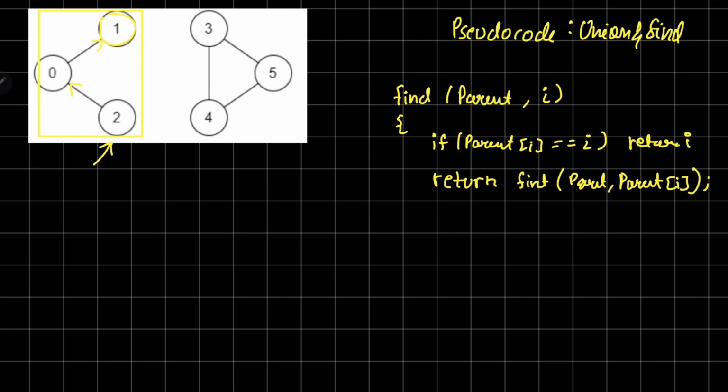Now the thing is that it will be really inefficient every time we call this find function over 2, or as the depth increases, we will call this find function over multiple vertices, and every time it will make recursive calls up to 1 to get this one. Another way around this is what we call path compression.